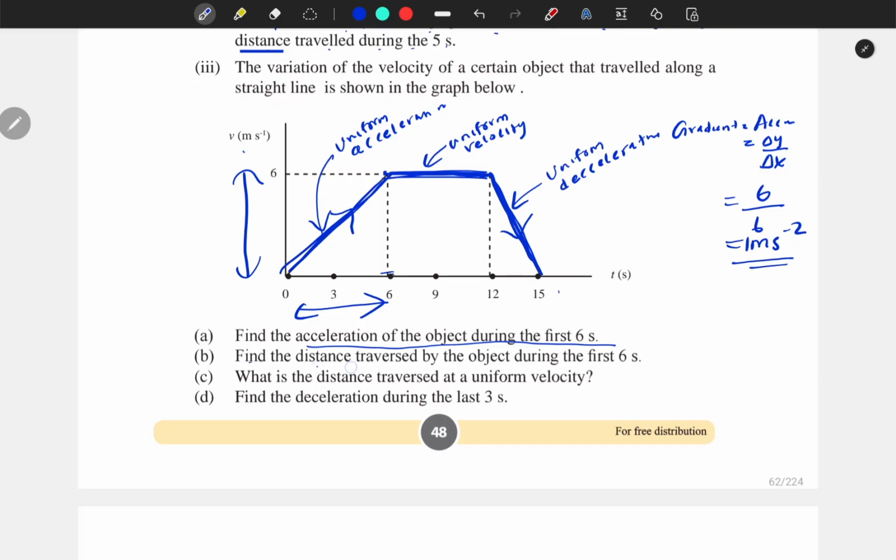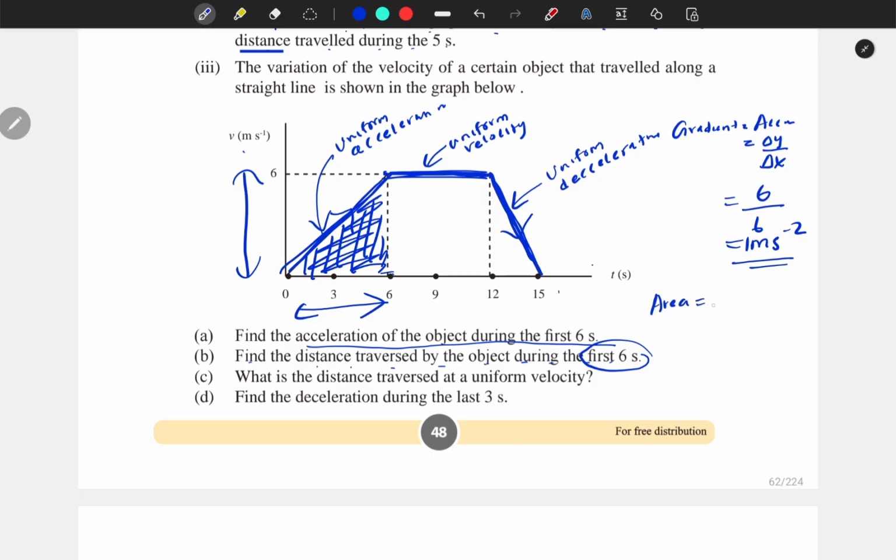Then find the distance traversed by the object during the first 6 seconds. In a velocity time graph, how do we find the distance or the displacement? When you can find the displacement, that is also kind of a distance. What is the distance traveled in this part? That is the area under the graph, right?